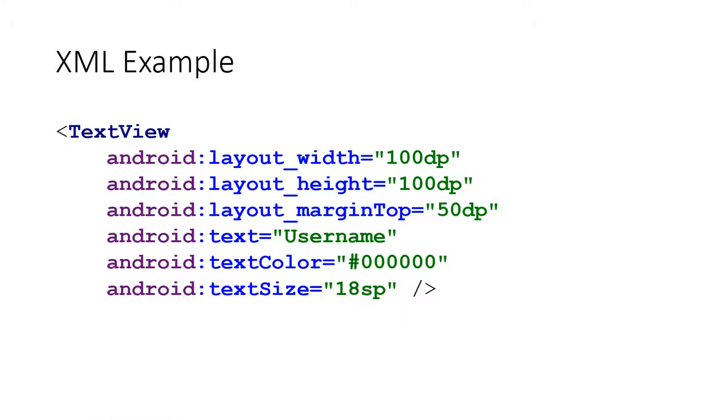Also, something we have to note is that XML is case sensitive. So the tag name should be written like this, with uppercase and lowercase characters where necessary. This uses a camel case structure, with uppercase for the T in text and uppercase for the V in view.